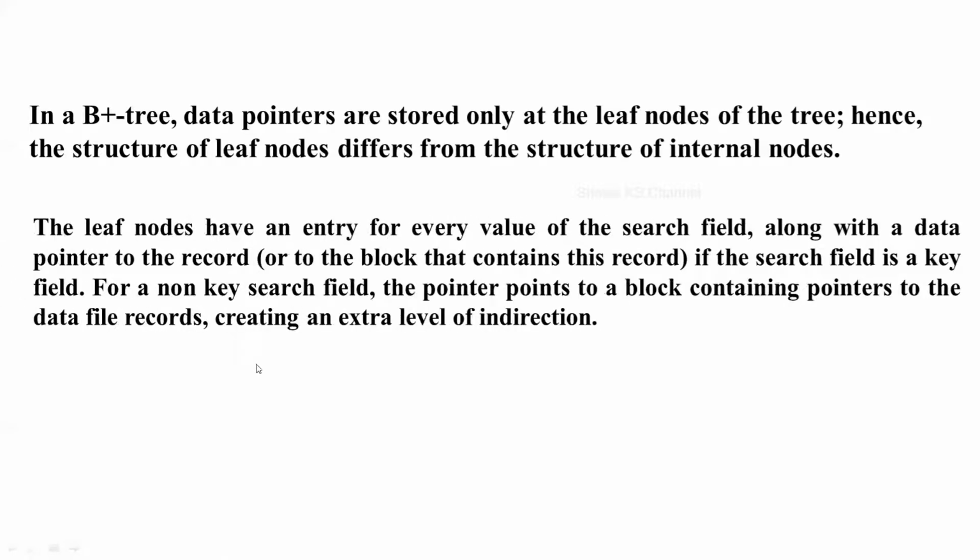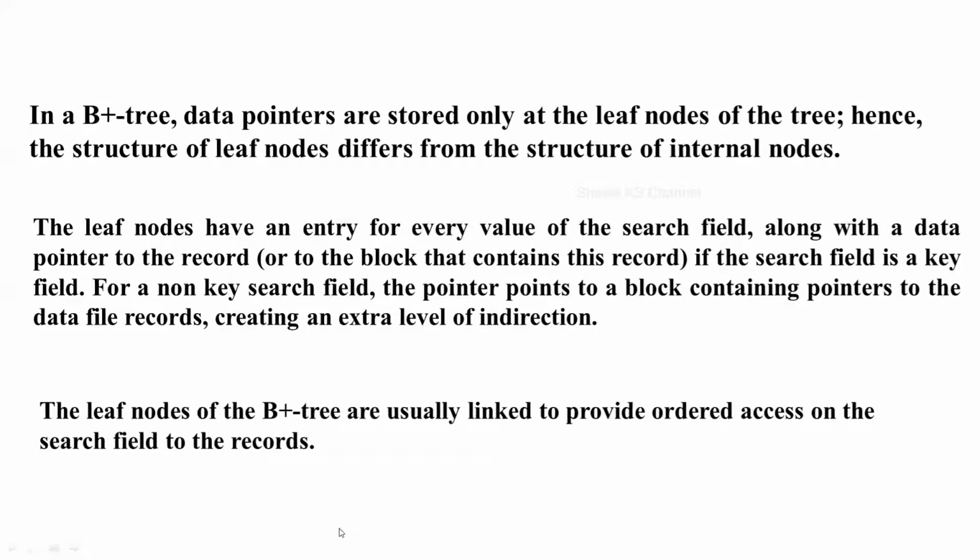The next thing is, I told you data pointers will be there in the leaf nodes. So what will be there in the leaf nodes? Leaf nodes will have two fields. One is the search key and the other one is the data pointer. This data pointer may be pointing to the actual record where your search key is present, or it may point to the disk block containing your search key. Both are possible. And another important unique feature of the B plus tree is that the leaf nodes are all linked to each other with a special type of link.